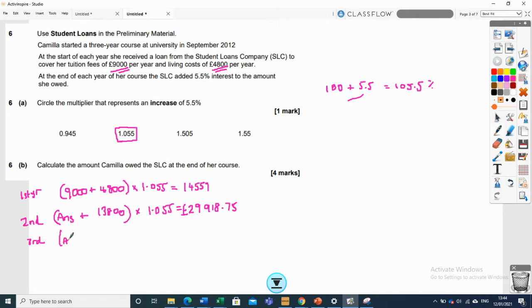Then the third year gives us a total of 46,123 and 28 rounded to the nearest pence.